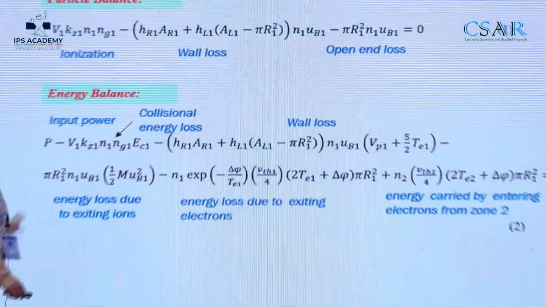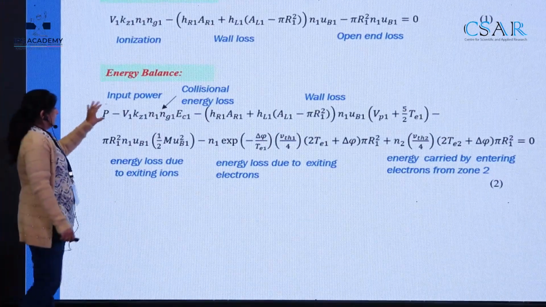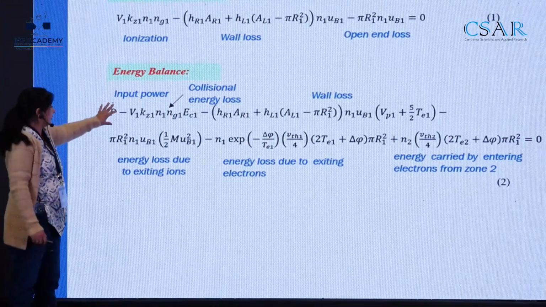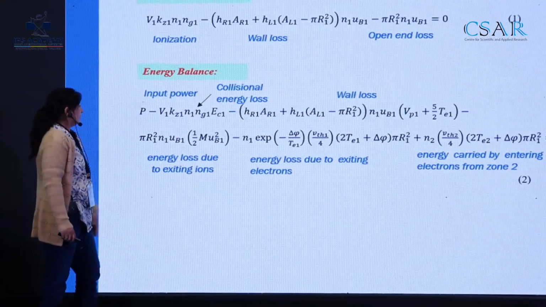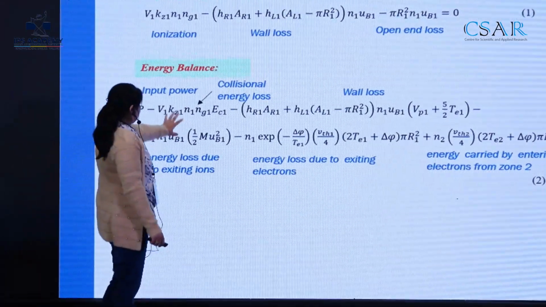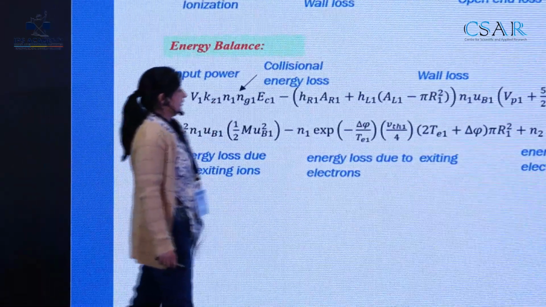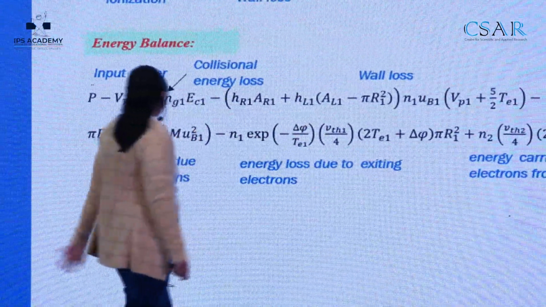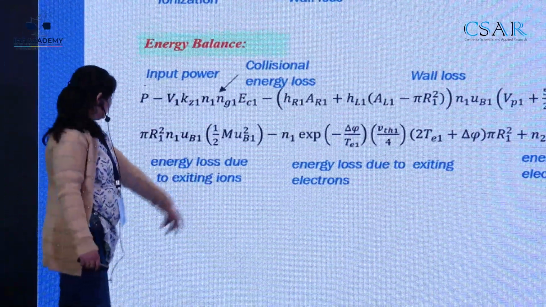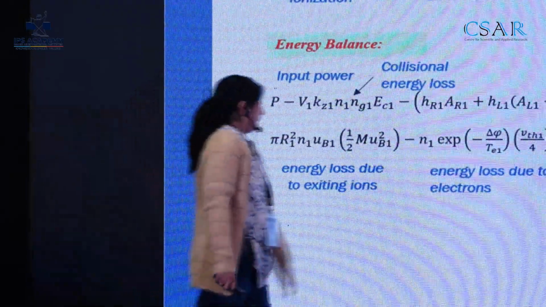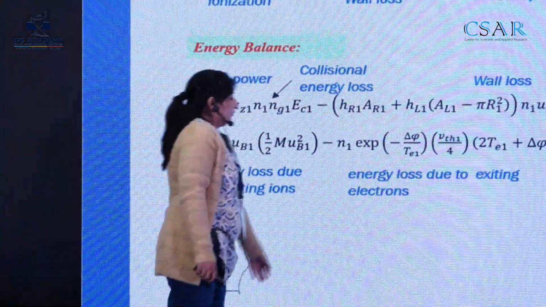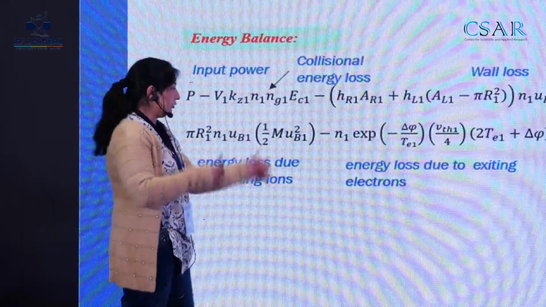Next is the energy balance. The energy channel is the power which we are putting into zone 1, and this power is being utilized in the process of collisional energy losses, wall losses, energy losses due to the ions through the opening, and energy losses due to the electrons through the opening.